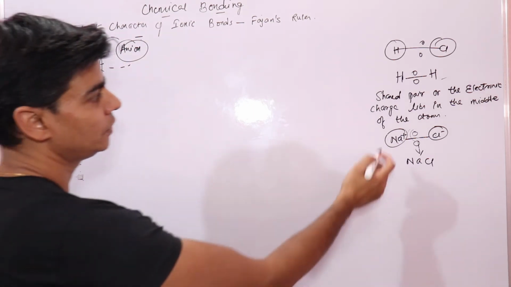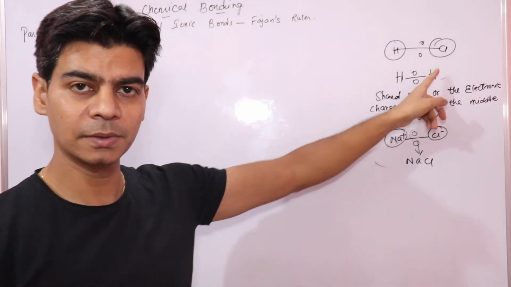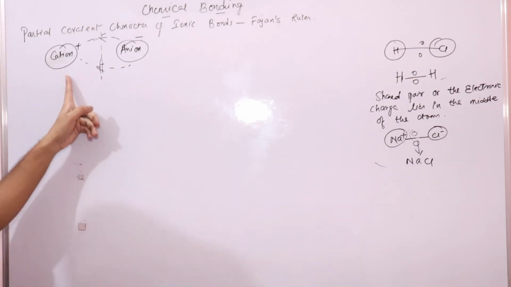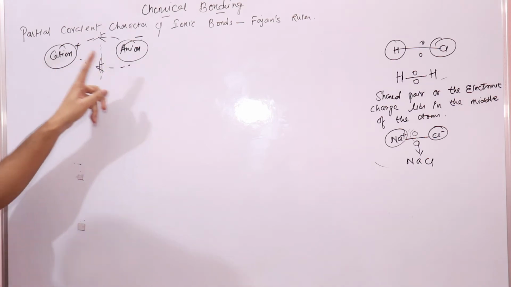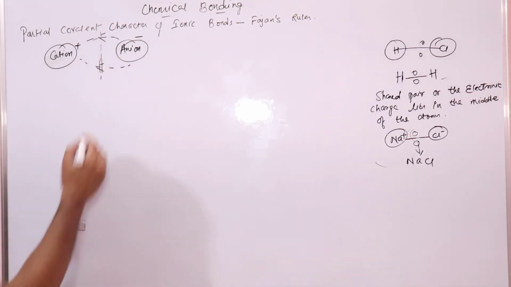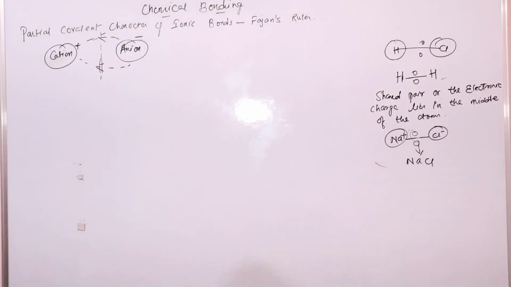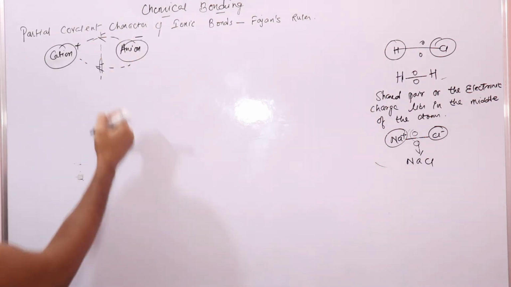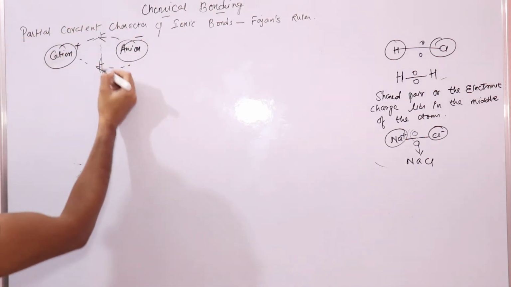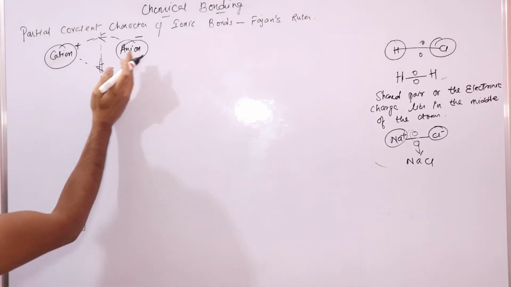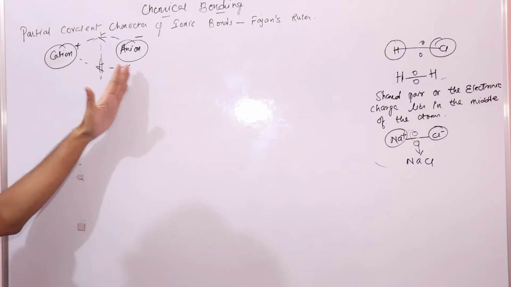So here also we have electronic charge between the combining atoms. In the electrovalent compound, we now have electronic charge between cation and anion, which is somewhat similar to a covalent bond. If this effect keeps on increasing, that is the displacement of the electron cloud of the anion towards the cation, the more it is disturbed.